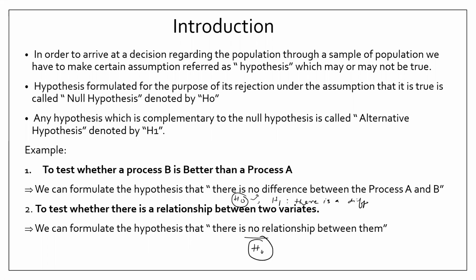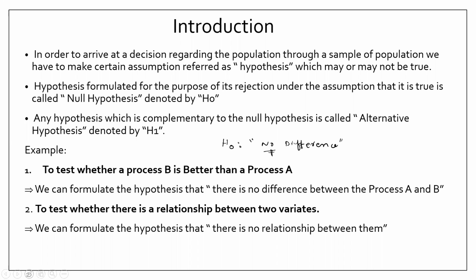But what kind of difference it is, we will come to know with a set of data, or we need some kind of input for that. The shortcut is that whenever you formulate a null hypothesis, always formulate it as no difference, because this has a high chance of getting rejected.